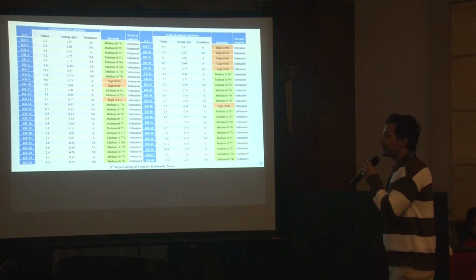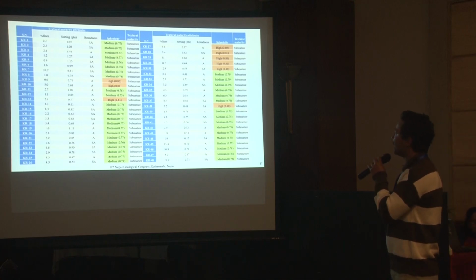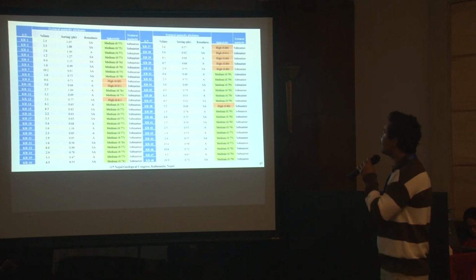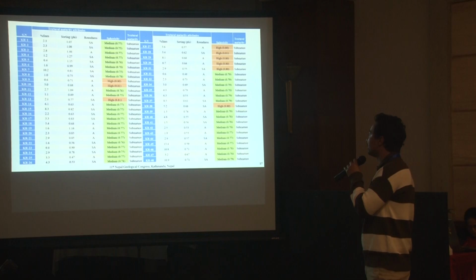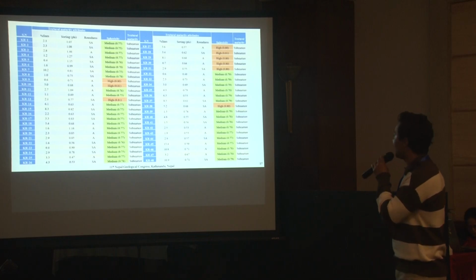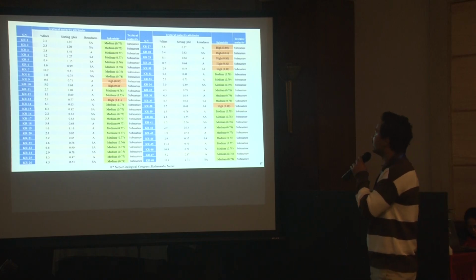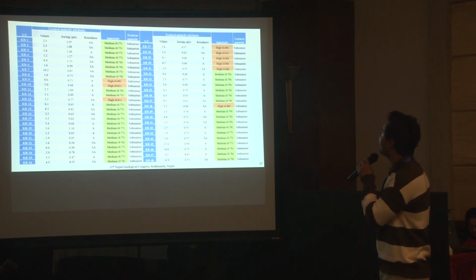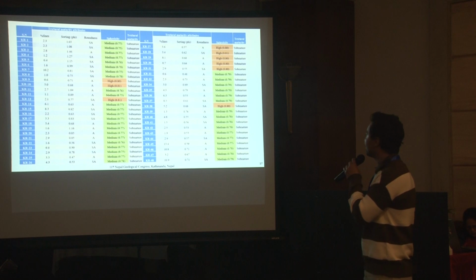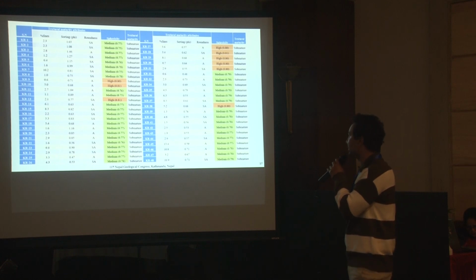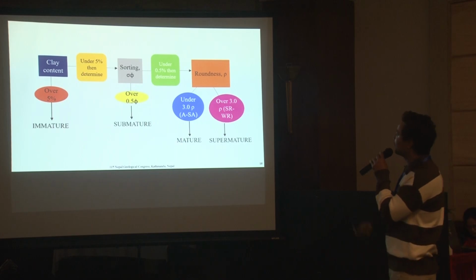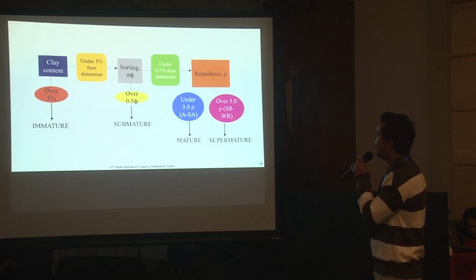In this table, I have analyzed the maturity status along the downstream of the Karnali River system, and I have found that the sediments along the Karnali River system are mostly somewhat mature in nature, which is found by analyzing the clay content.